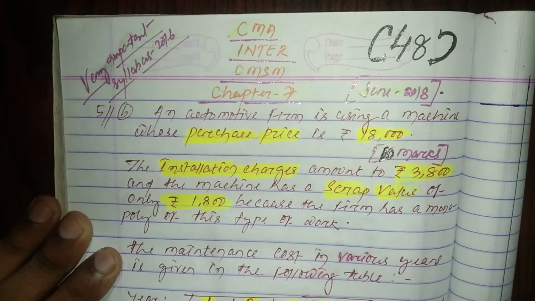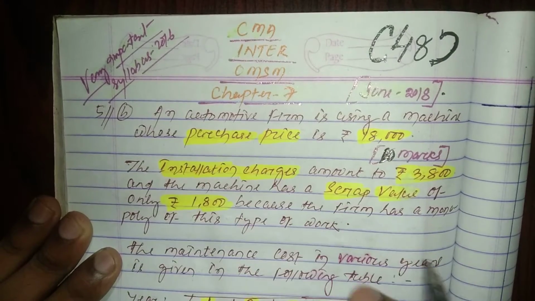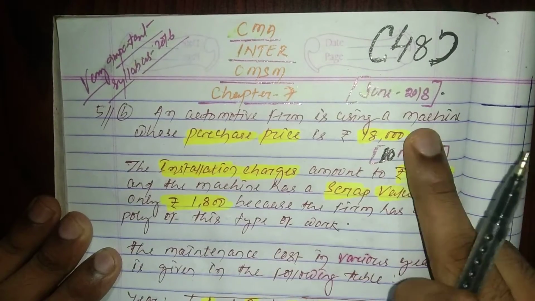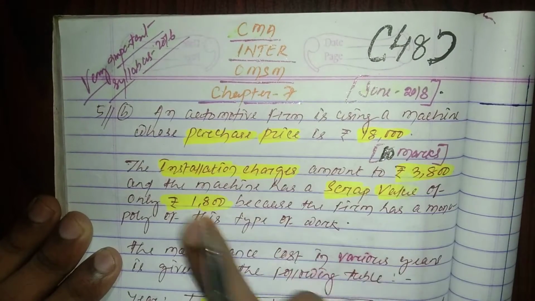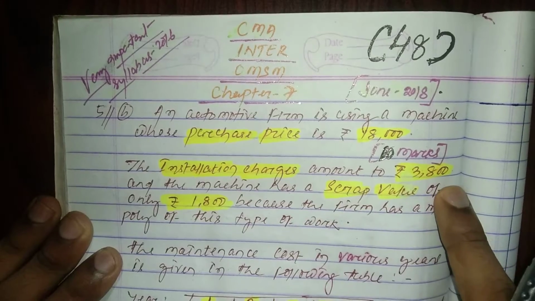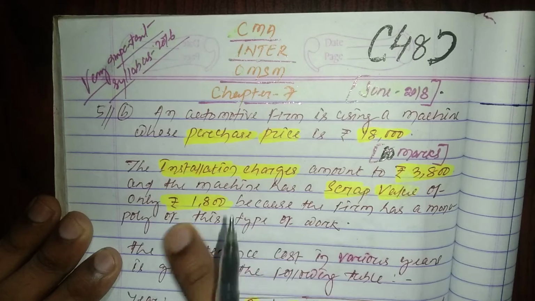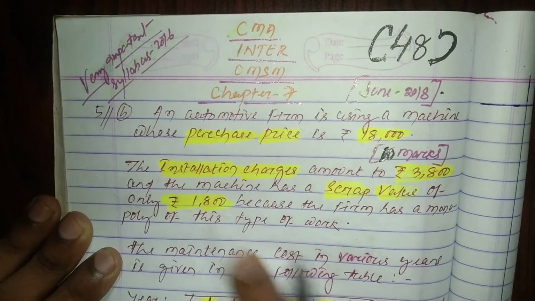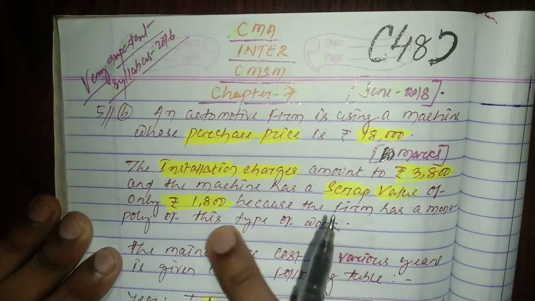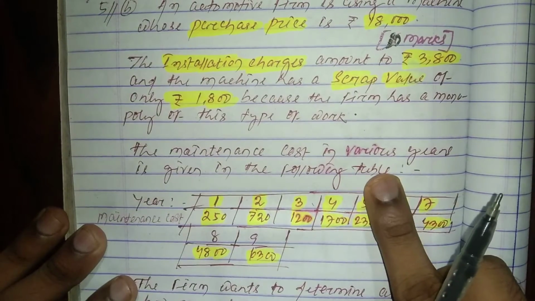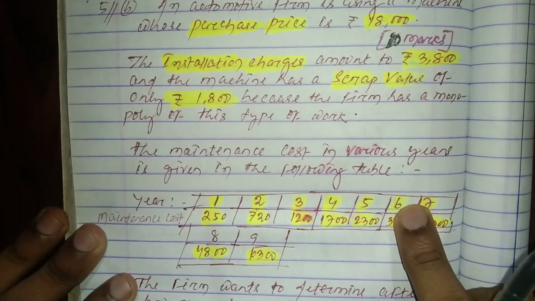The question is: an automatic firm is using a machine whose purchase price is rupees 18,000. The installation charges amount to 3,800 and the machine has a scrap value of only rupees 1800 because the firm has a monopoly of this type of work. The maintenance cost in various years is given in the following table.